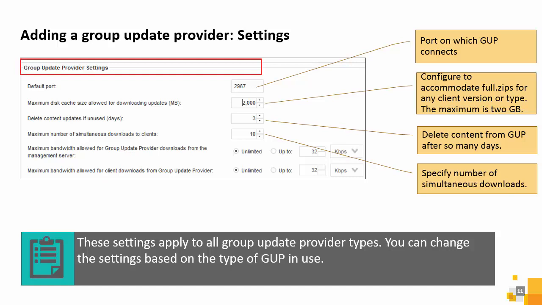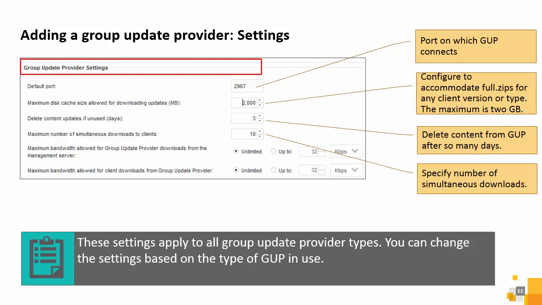The maximum number of simultaneous downloads to clients option can conserve the memory and the CPU usage on a GUP computer. You can also control the amount of bandwidth that the GUP uses to download content from the SEPM or to the clients. Note that the settings shown on the slide apply to all group update provider types.